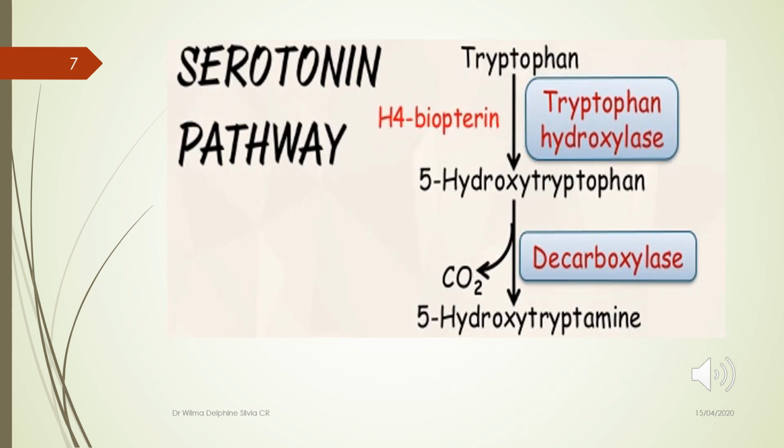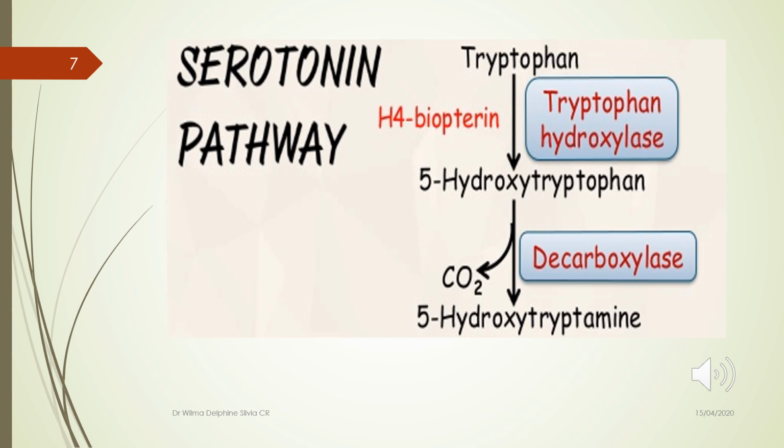Serotonin is synthesized from tryptophan by neurons, pineal glands, and intestinal argentaffin cells. Normally, only 1% of tryptophan is converted into serotonin. In the first reaction, tryptophan is hydroxylated to form 5-hydroxytryptophan in the presence of the enzyme tryptophan hydroxylase.